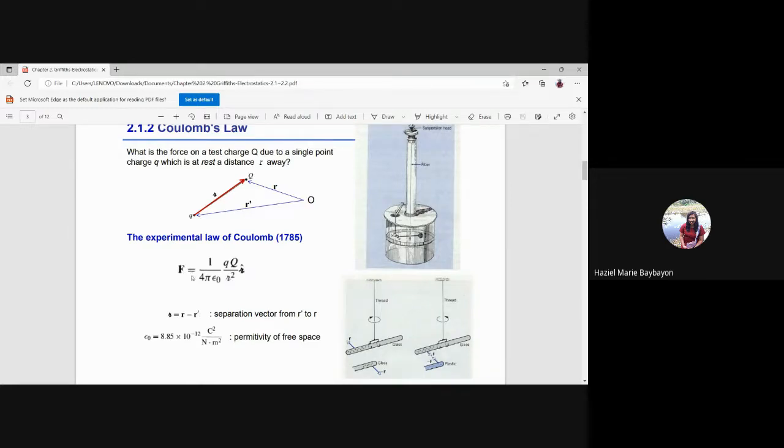Here q is the source charge and the big Q is the test charge. As you can see, force is a vector quantity. Any type of force, including electrostatic force, is a vector quantity, so you have to specify a direction.